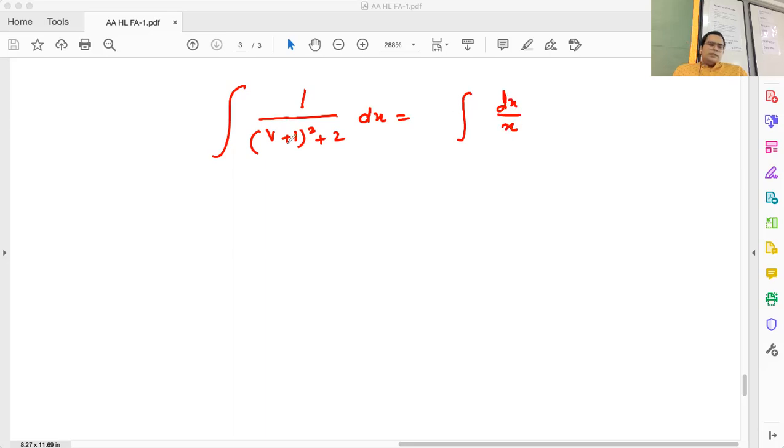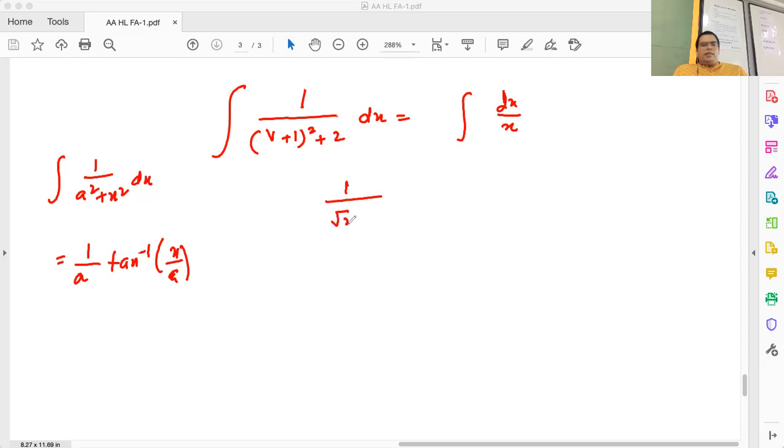This integral is of the format integral of 1 over (a squared plus x squared) dx, which is 1 over a times tan inverse of x over a. Here a is root 2, so we get 1 over root 2 tan inverse of (v plus 1) over root 2 equals ln x plus c. Then you substitute the values they have given to get the constant.